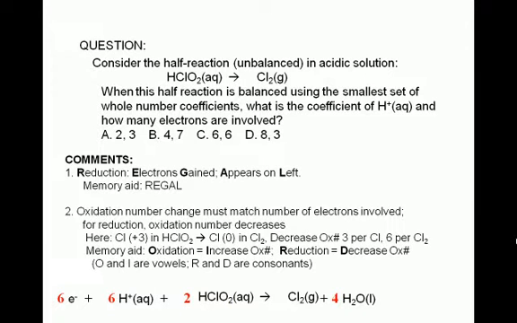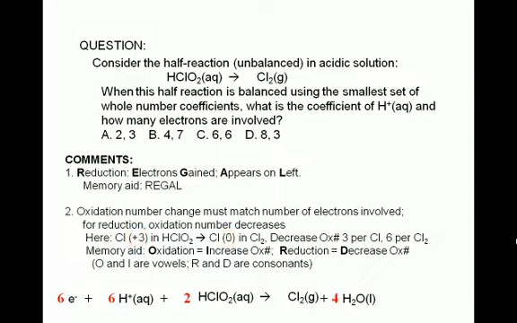In reduction, we expect to see a decrease in oxidation number. The total change must be the same as the number of electrons in the balanced half reaction. If we assign oxidation numbers to the elements involved here, we find that chlorine has an oxidation number of plus 3 in chlorous acid, and it has an oxidation number of 0 in diatomic chlorine molecule.